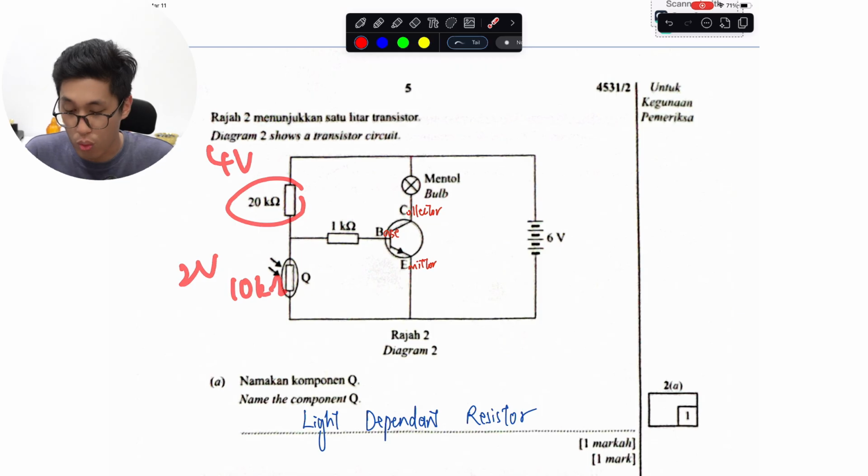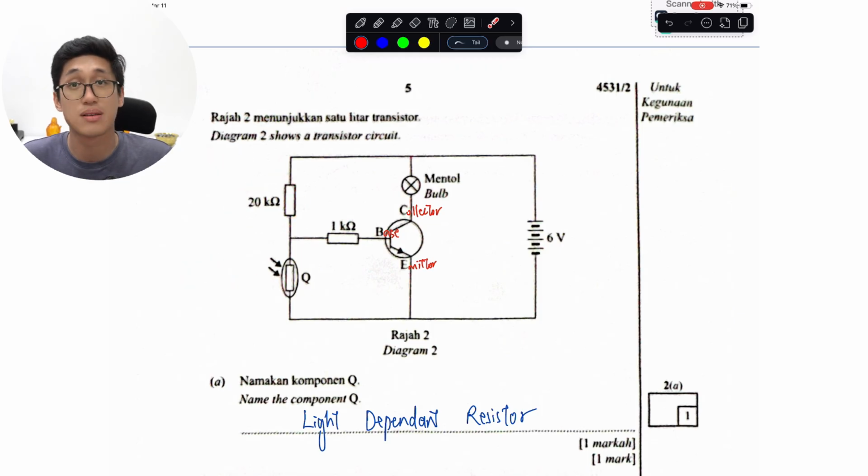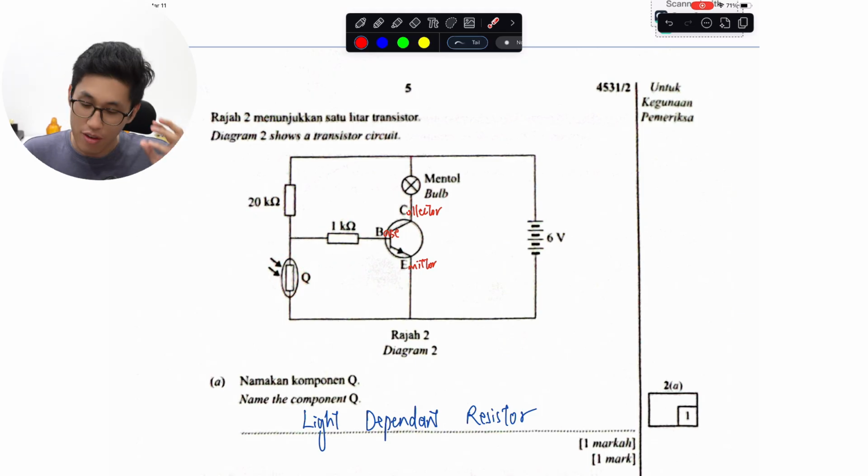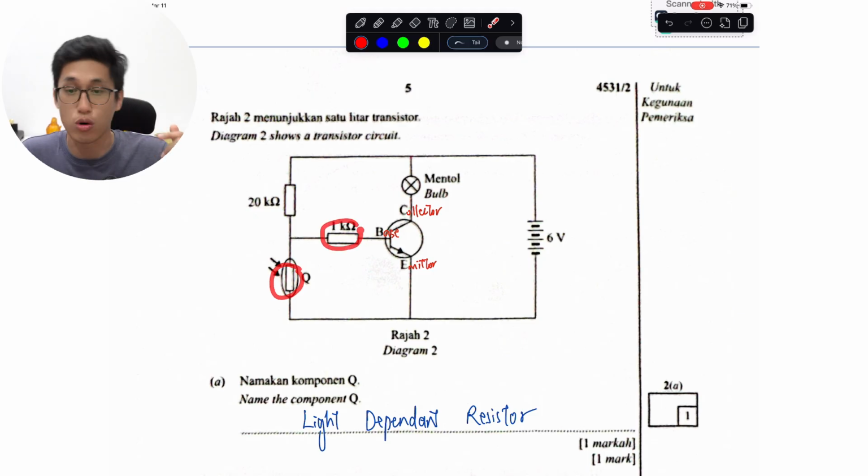So whoever has more resistance gets more voltage. Now, this guy here, the base, always follows whoever is at the bottom. If he has low voltage, the base also has low voltage. If he has high voltage, then this guy will also have high voltage.